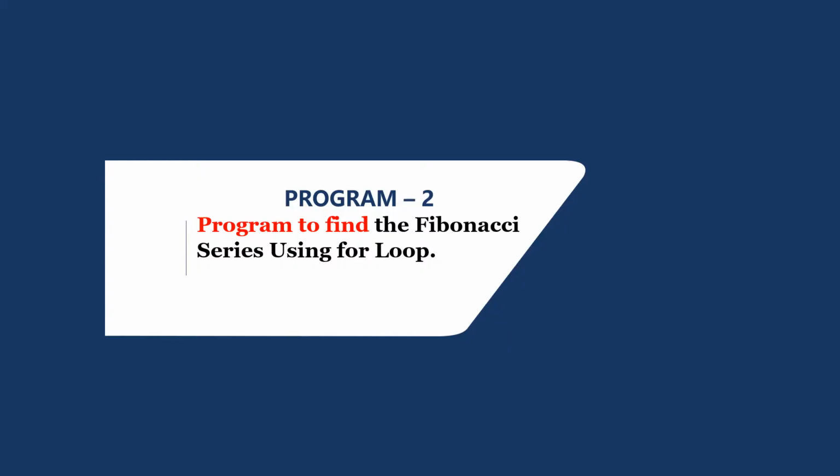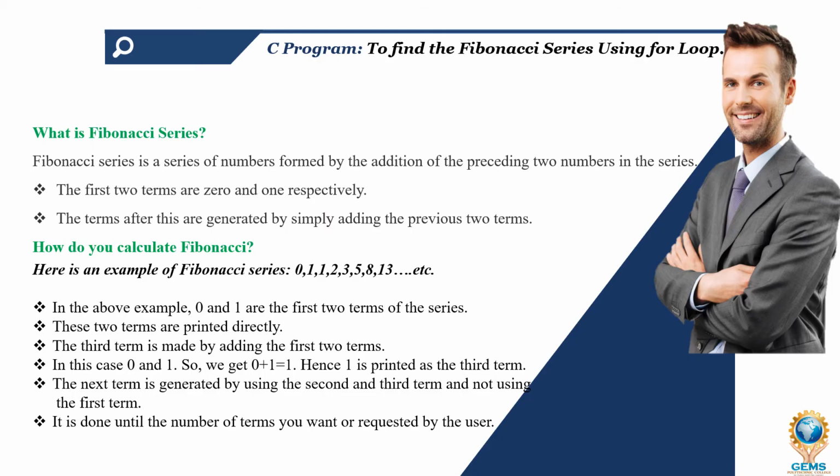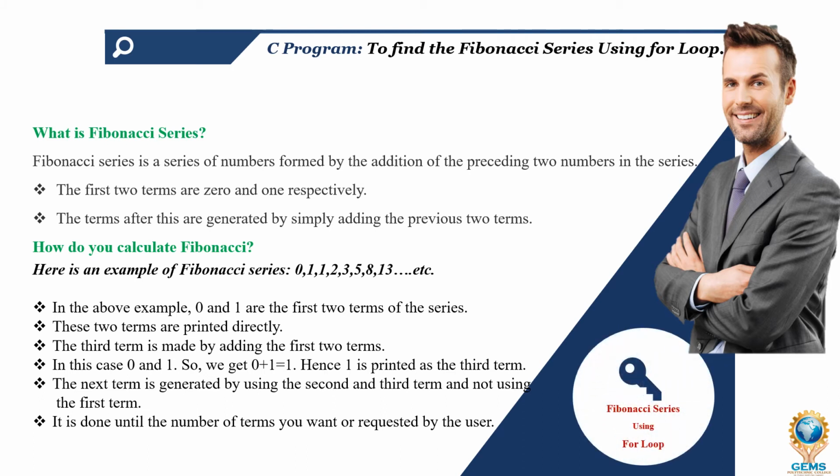Now we will see the second program in this video lecture: a program to find the Fibonacci series using a for loop. So this is the mathematical concept of finding the Fibonacci series. First of all, we should know what we mean by Fibonacci series.